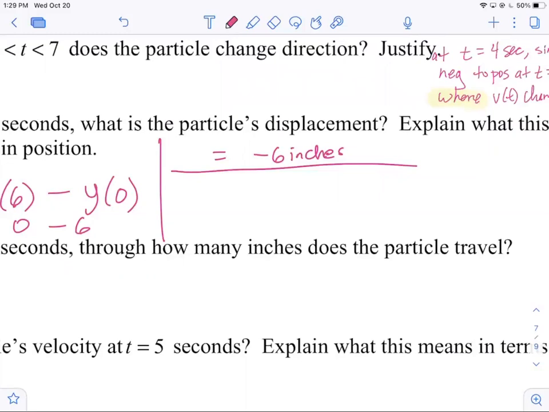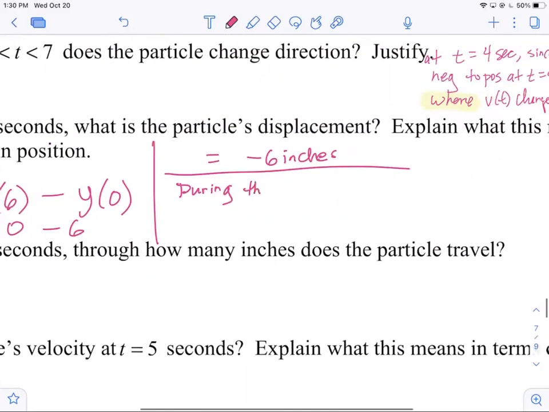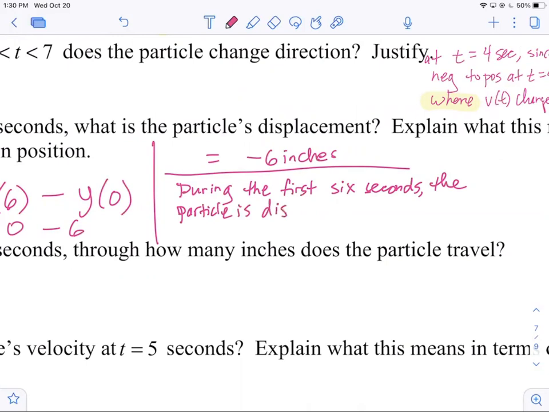Okay. So you could say, using their words there, during the first 6 seconds, the particle is displaced, and now it's a vector, 6 inches below its starting position.